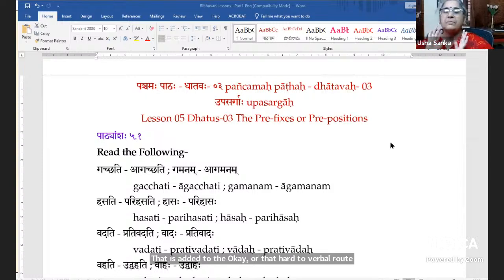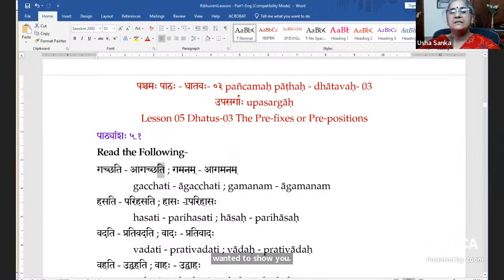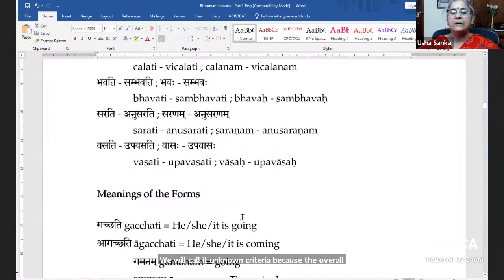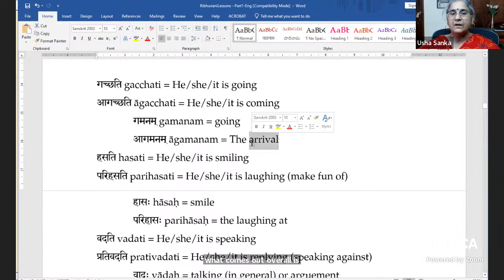There are other suffixes also; we will come to know about them later. For now, in this lesson, there are two kinds of pratyayas that I wanted to show you. One is the T pratyaya, that is the Purusha pratyaya. The other is something else that we don't know for now. We will call it a noun pratyaya because what comes out overall is a noun.